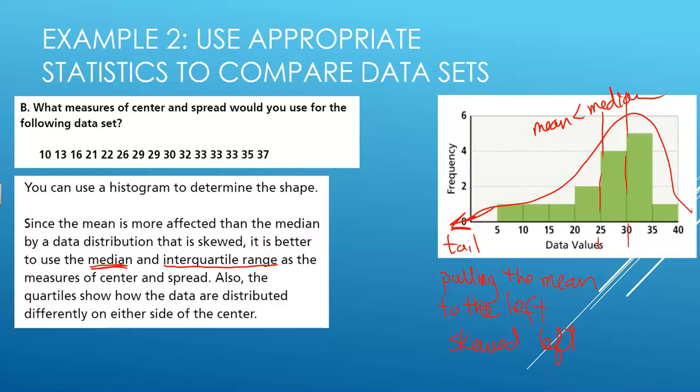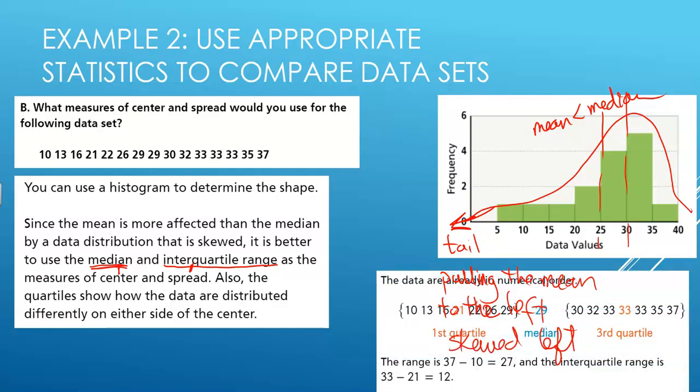And again, you can find that on your calculator. Use those. This is the measure of center, and this is the measure of spread. Also, the quartiles show how the data are distributed differently on either side of the center. So that's some more useful information. And sorry, I wrote over that.